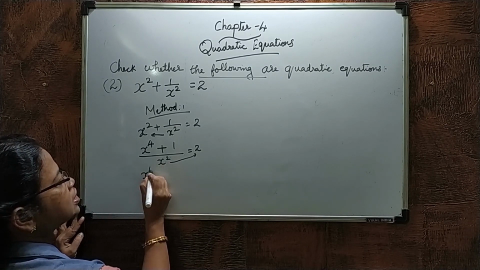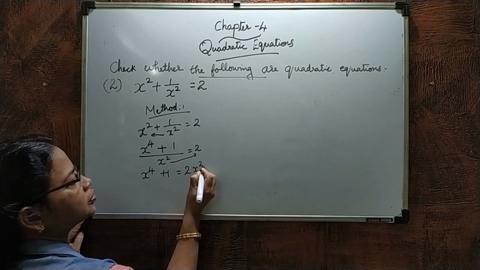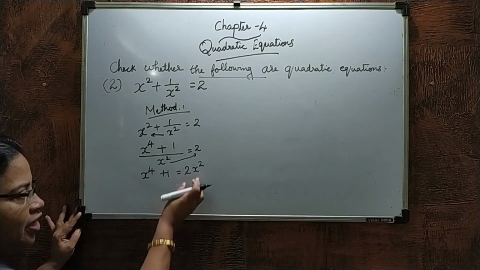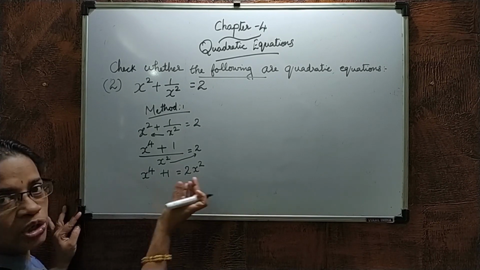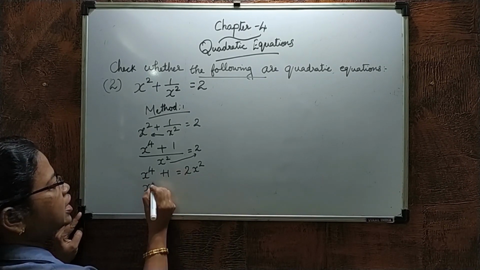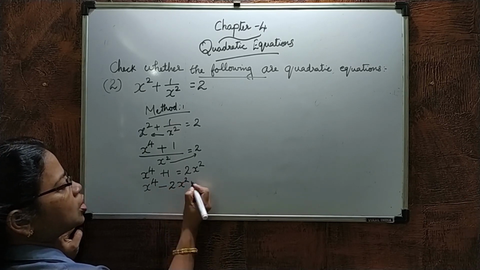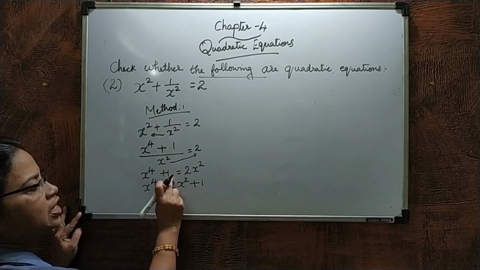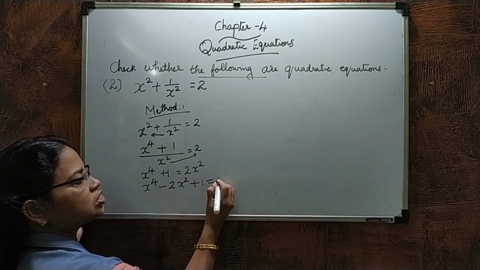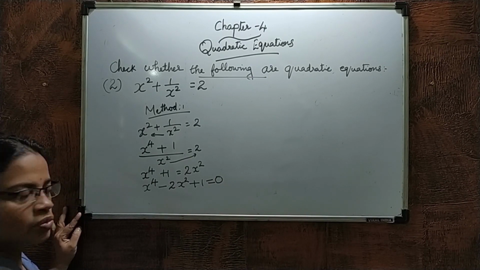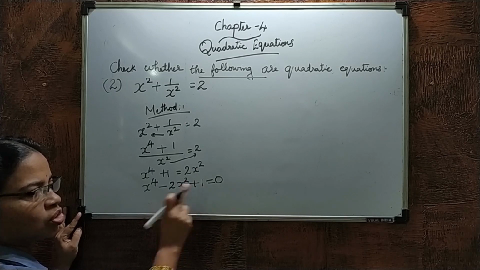So it will be x raised to 4 plus 1 equals 2x square. Write in order then. Take this 2x square to this side. So here it is x raised to 4 minus 2x square plus 1. Plus 1 is here itself. And then the balance will be equal to, here nothing is there, so equal to 0. Just check it out, you will get the answer, x raised to 4 minus 2x square plus 1.